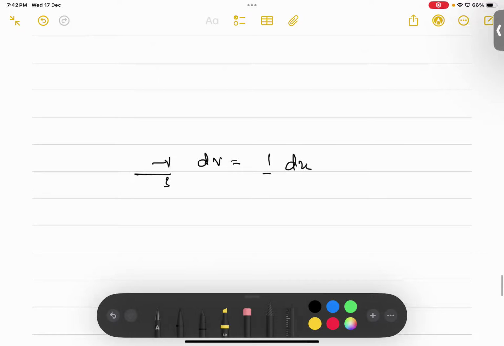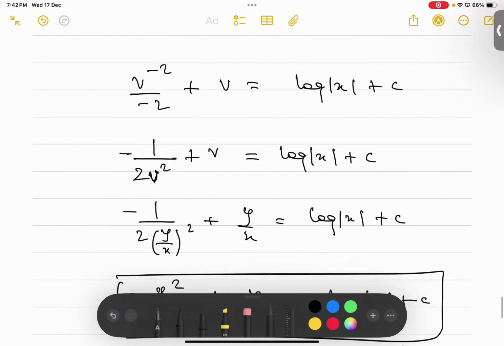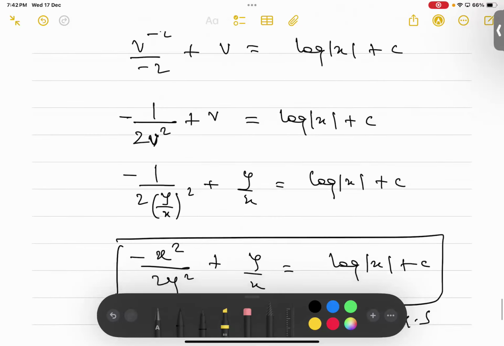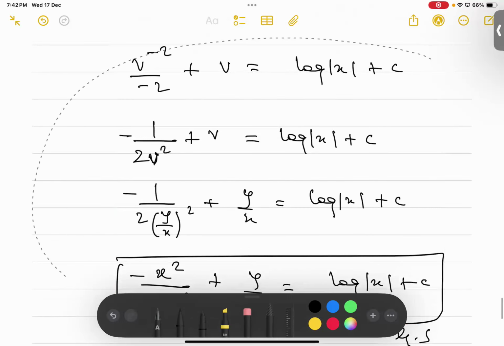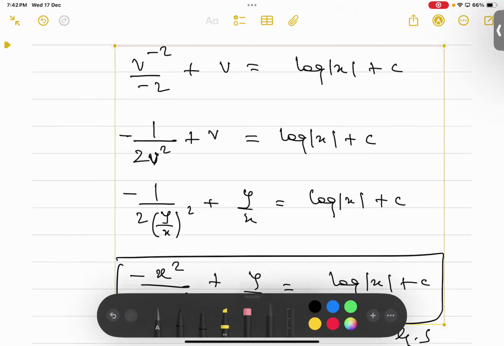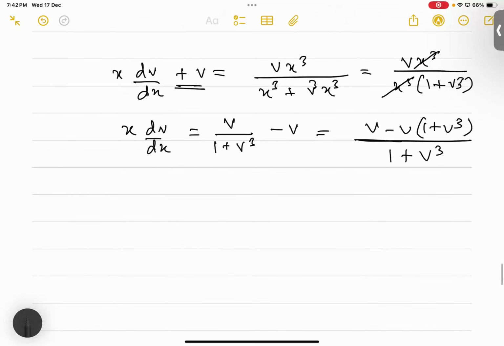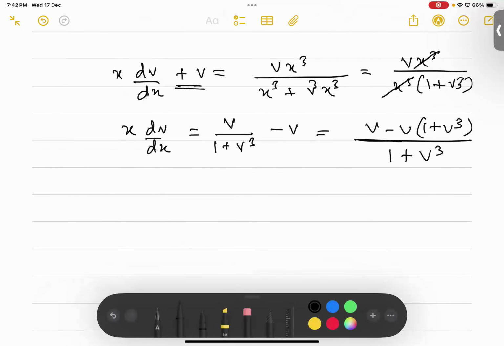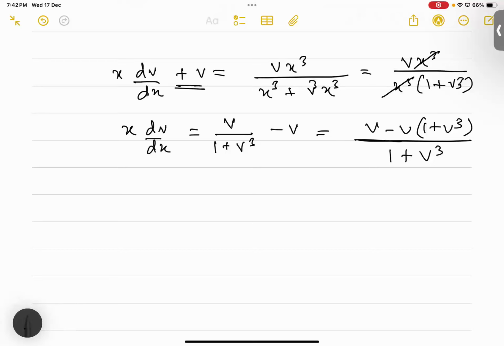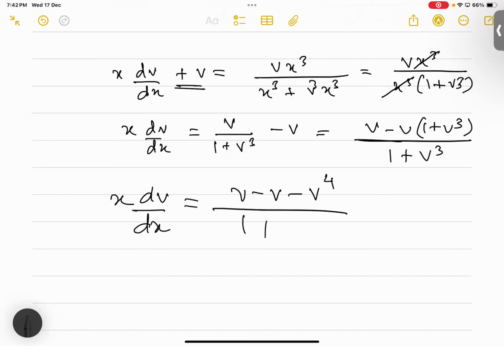I'm going to do that once again. Okay, so let us start from here. You can copy, but the procedure will be the same. It won't be that complicated. v raised to 4, this will be okay. Right?